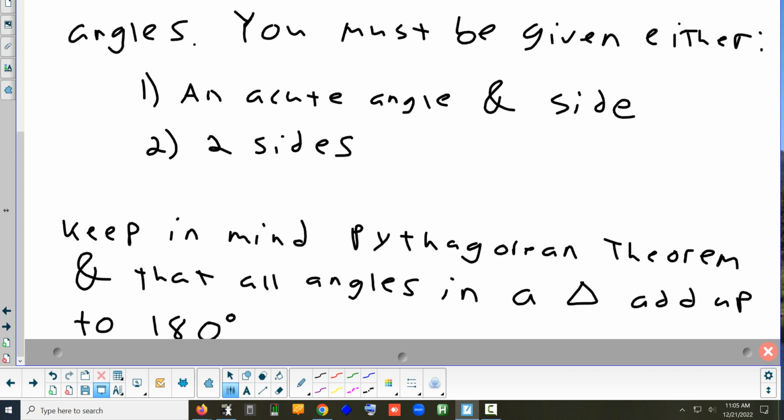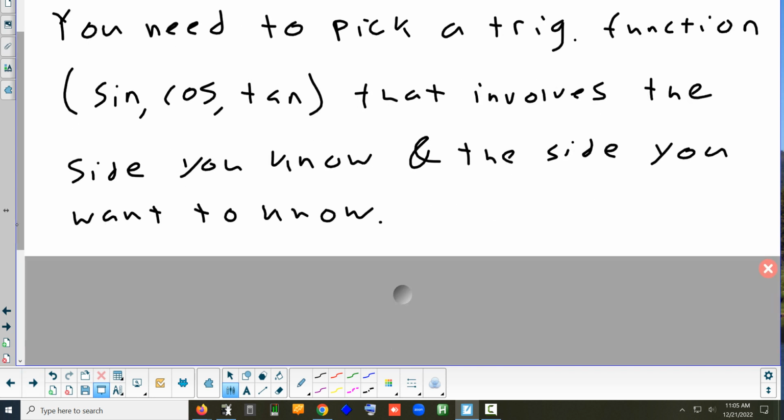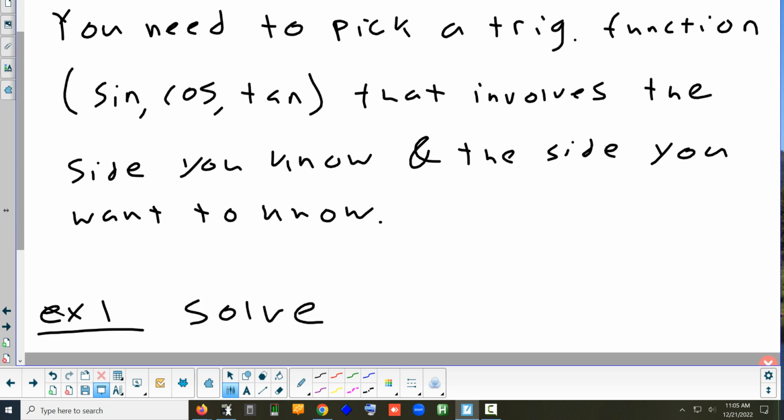Solve the triangle. So to do that, as I said, you're going to stick with one of those 3 functions. And the way you're going to figure out which one you need to use is you're going to draw a diagram. You're going to look at the information that you know, and then you're going to look at the information you're trying to find. Let's say you knew the opposite, and you wanted the adjacent.